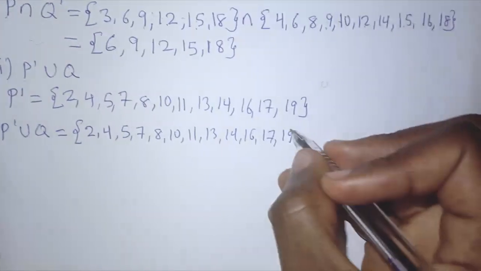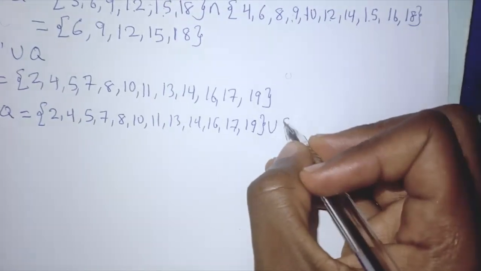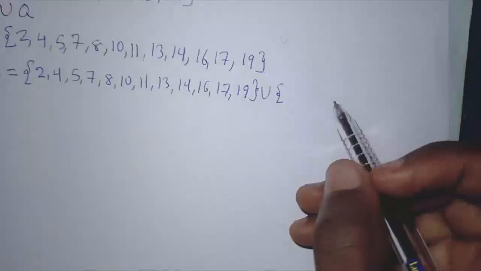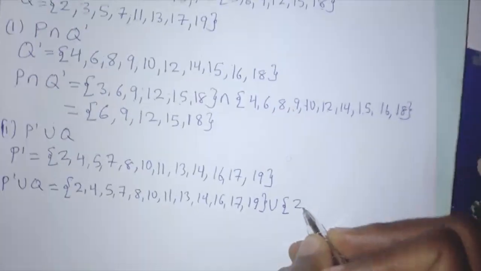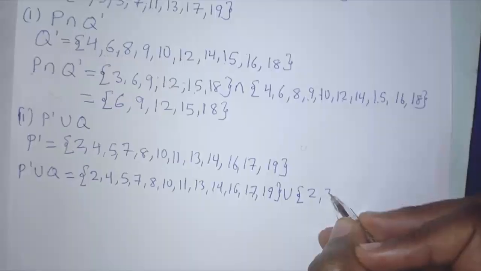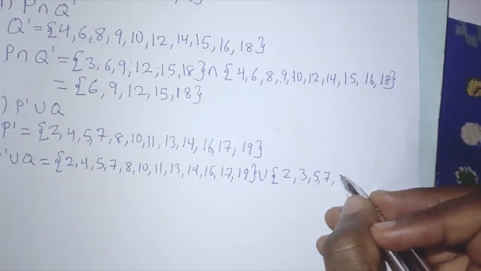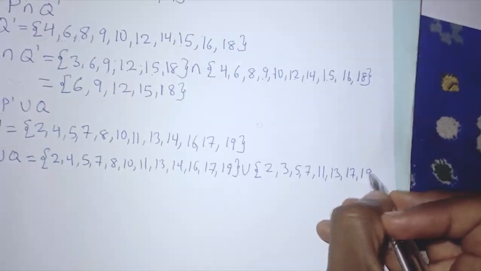I hope you can see my handwriting. Then union Q. Q is here: 2, 3, 5, 7, 11, 13, 17, 19.